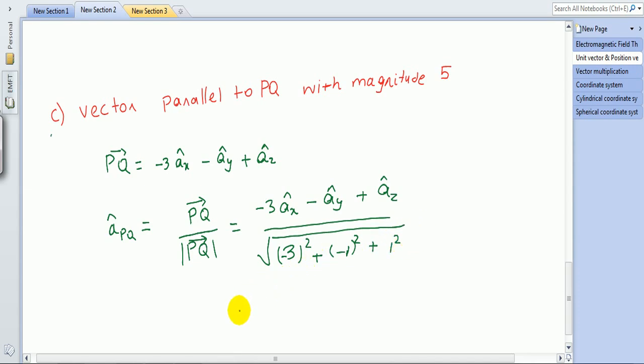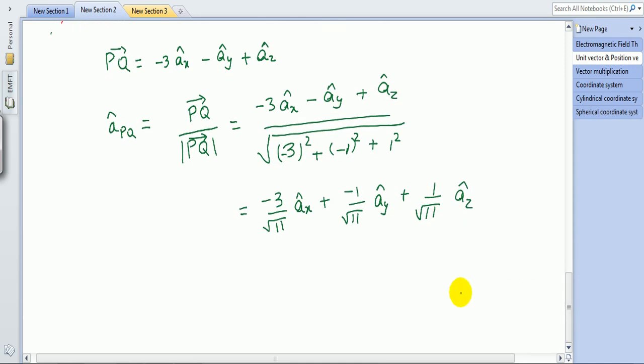So 3 square is 9, 9 plus 1 is 10, 10 plus 1 is 11. So under root of 11. The unit vector will be -3 by root 11 ax cap plus -1 by root 11 ay cap plus 1 by root 11 az cap. This is the unit vector along the direction of PQ.